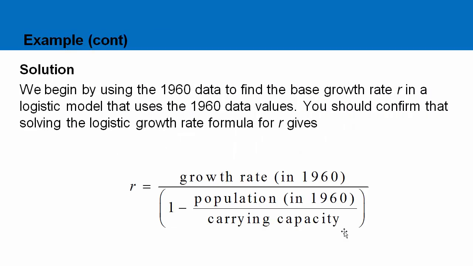So that's all we're doing, taking the growth rate and dividing it by all that stuff that's in the population. So put the growth rate in 1960, which we know, put the population in 1960, which we know, put the carrying capacity in, which we know, and then we can solve for R.